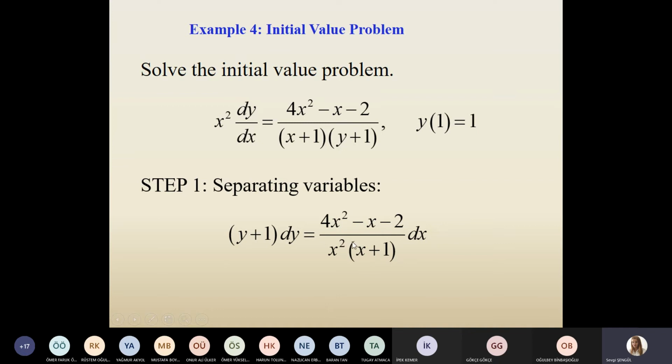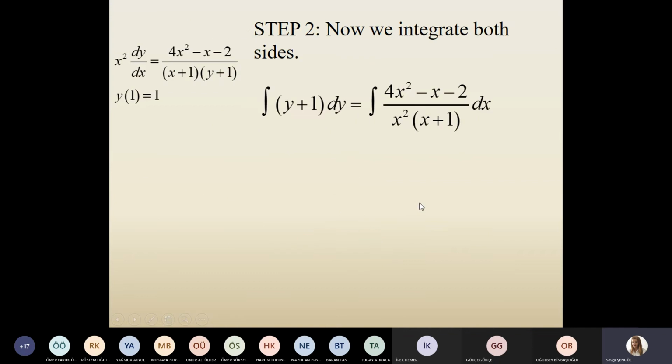Yeah, after that, same thing, exactly. What is the same thing? Take the integral, solve for y. That's it. Take the integral of y plus 1, you can think of it like that.